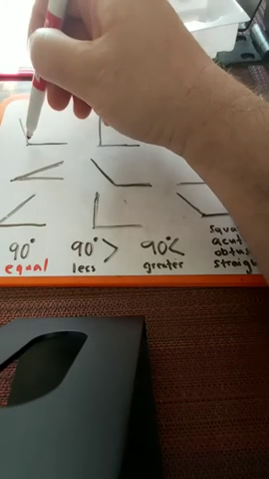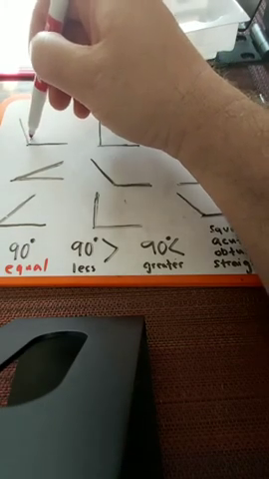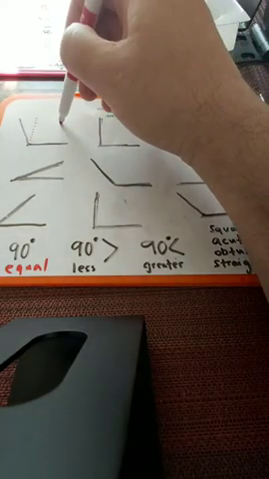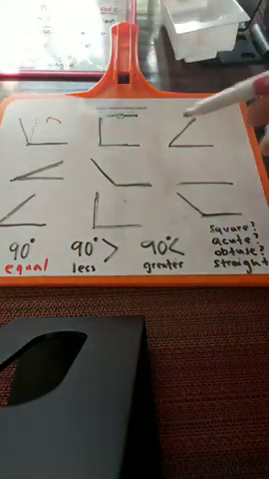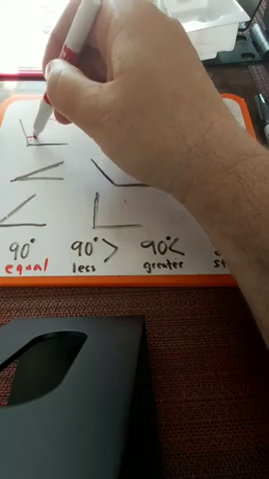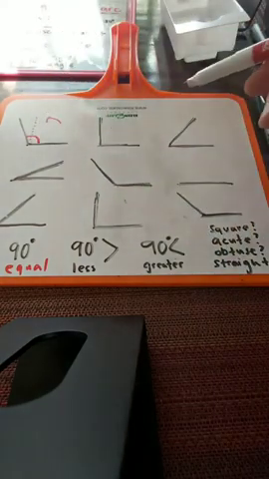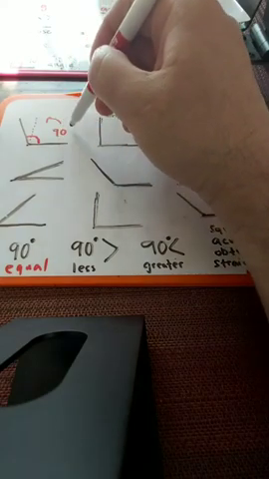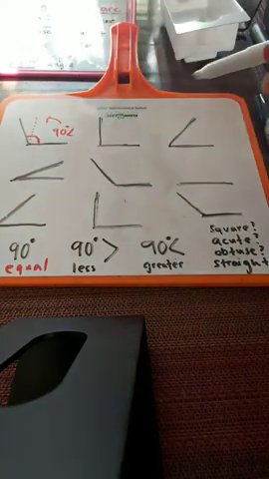So our 90-degree angle started off looking like this, and then it went counterclockwise in this direction, which means we have our arc here, all right, which means it is greater than 90 degrees.